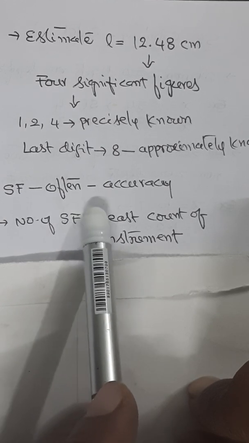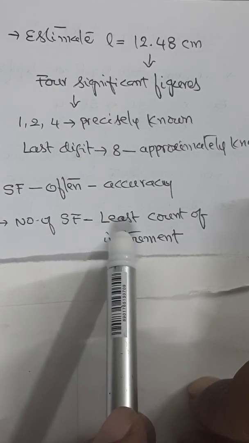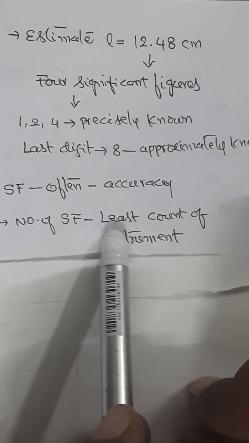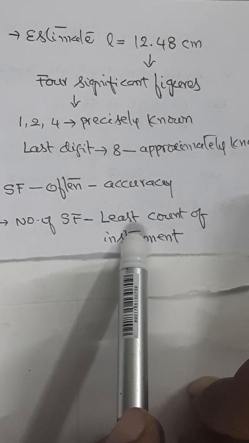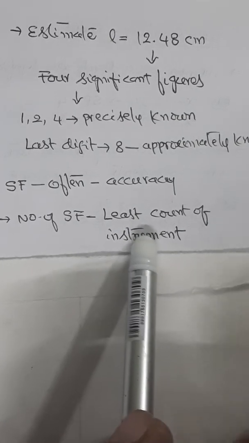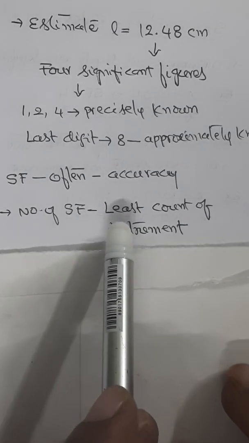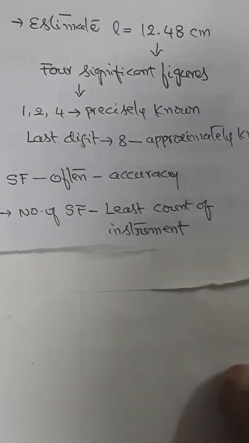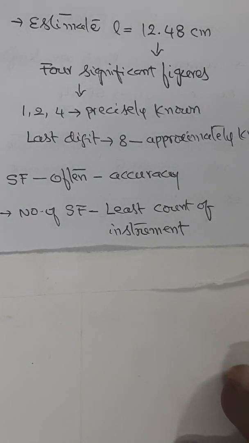What is least count? Least count is the lowest value that can be measured accurately with that instrument.